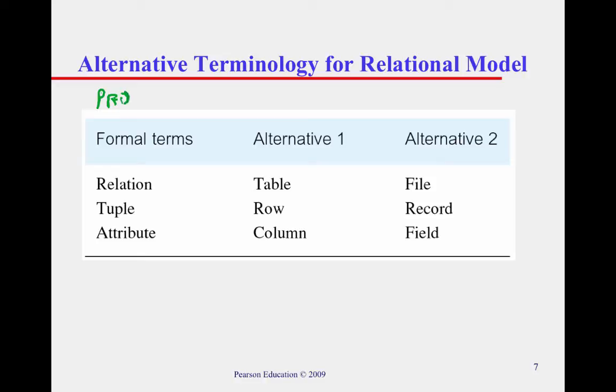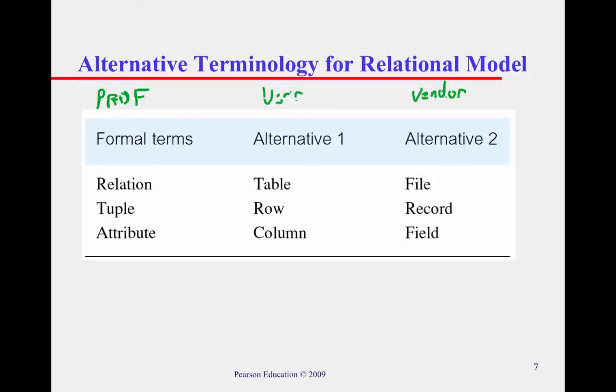So I'm stuck. I'm just going to say prof or professor. And then the user is most likely to use this terminology if you are talking to a user. And your database vendor or physical implementer who's dealing with the physical implementation is most likely to use this terminology.